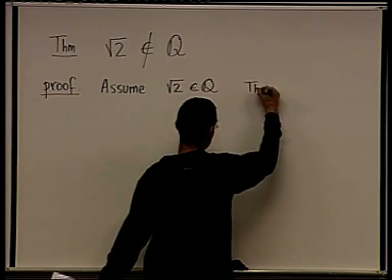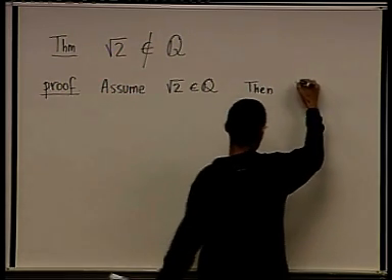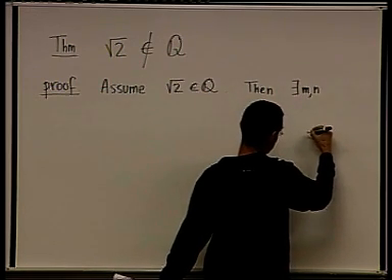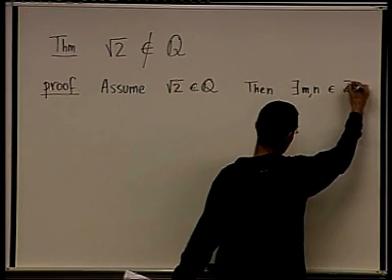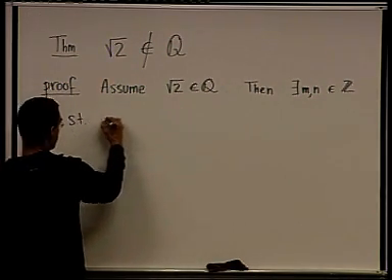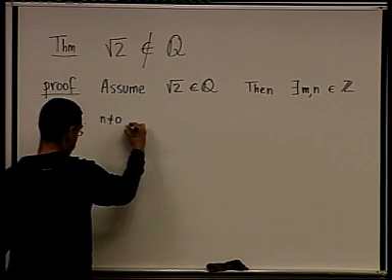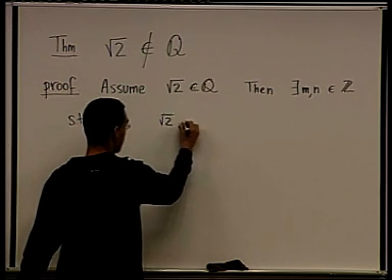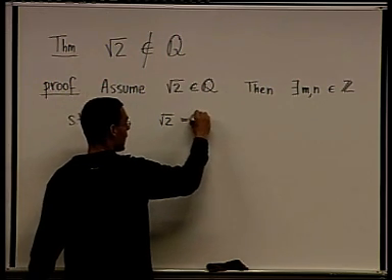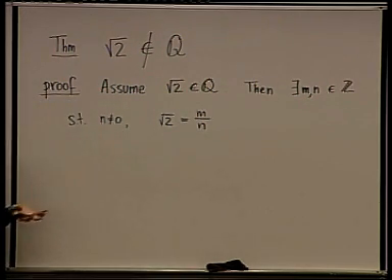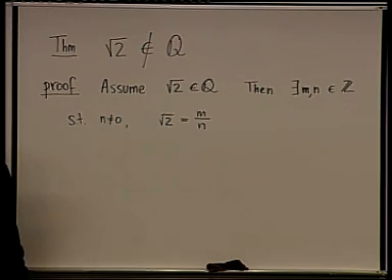Then there exist m and n, both integers, such that n is not 0, and this root 2 guy equals m over n. That's what it means to be a rational number. That was the definition of the rational numbers. Right?